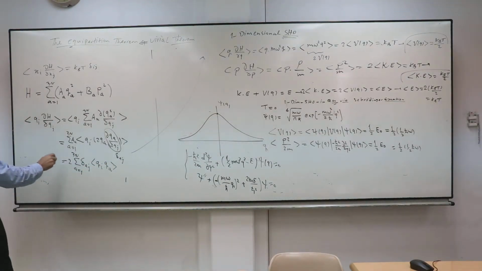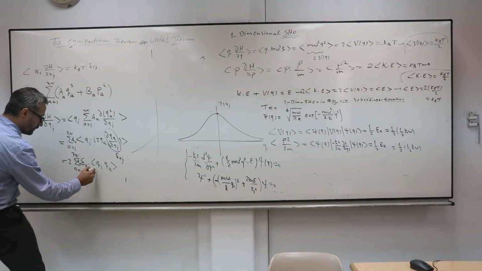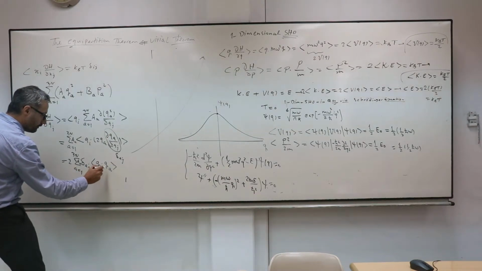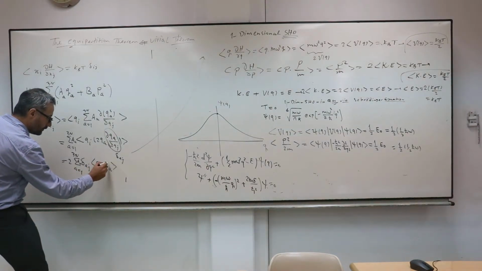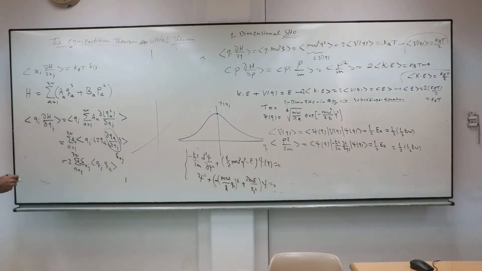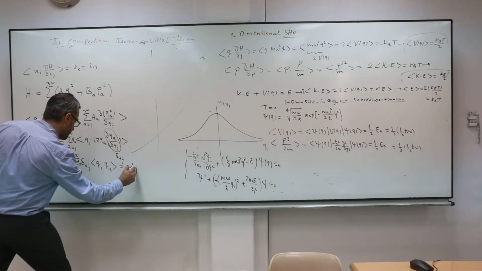That's very interesting because it gives you i should be j. Sorry, it should be delta_ij. Yes, delta_ij I have here. It gives you i should be equal to j, so 2 delta_ij.